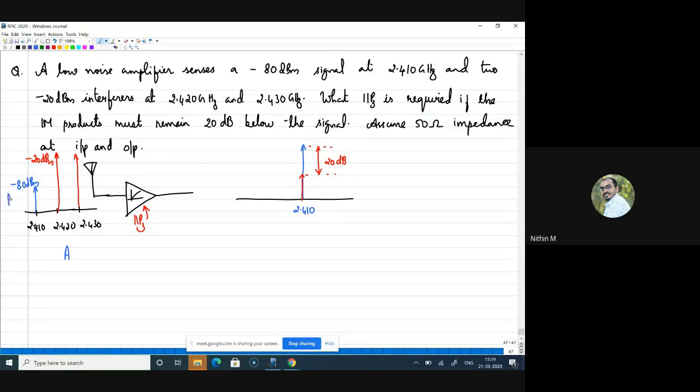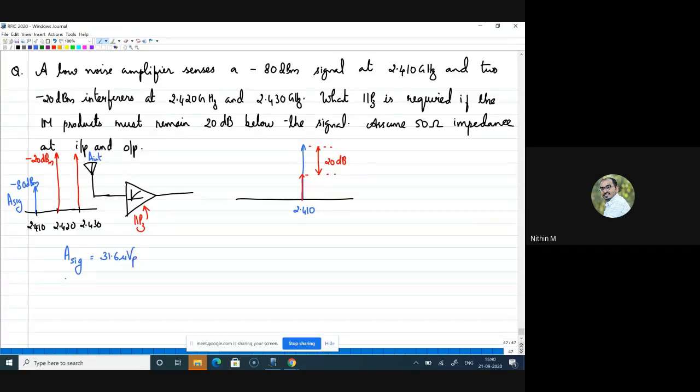A minus 80 dBm means nothing but signal, and the other one I call it as interferer, A_INT. So now your A signal value: the power is given as minus 80 dBm. So what will be the A signal value correspondingly? Can I get the value? So the signal has the peak voltage of 31.62 microvolts. 31.6 microvolt peak. Okay, that is A signal.